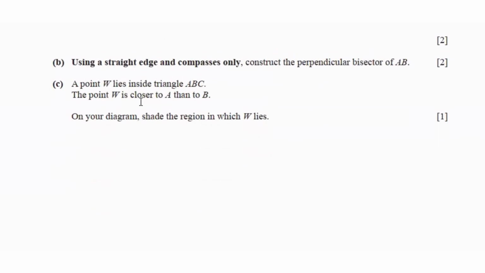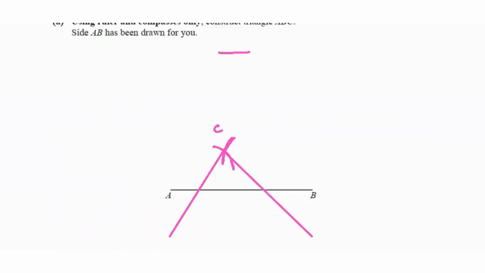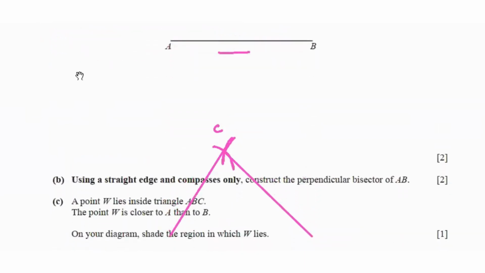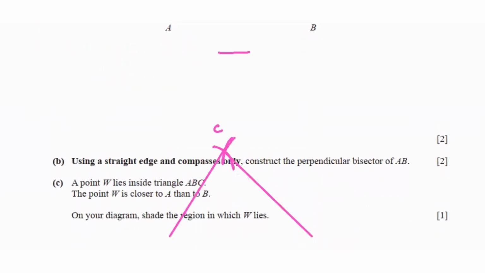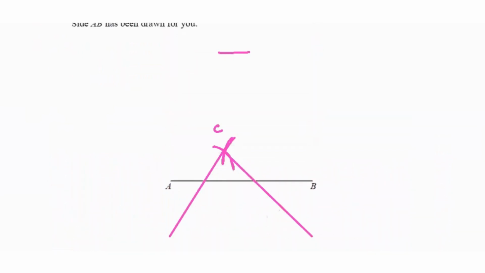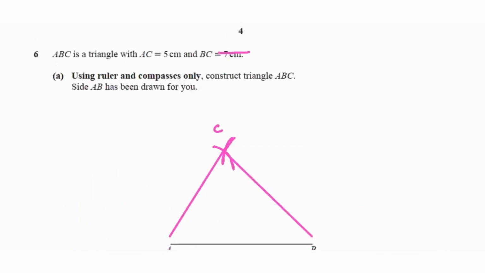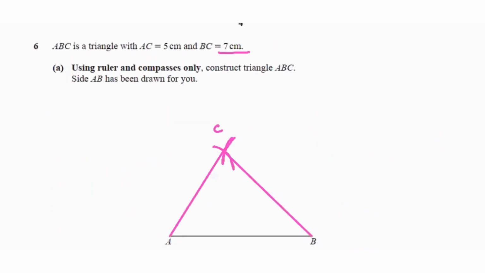Then it says point W lies inside the triangle ABC. The point W is closer to A than to B. On your diagram, shade the region in which W lies. So if we go back to this, your point is closer to A than to B. We know our perpendicular bisector was somewhere over here.